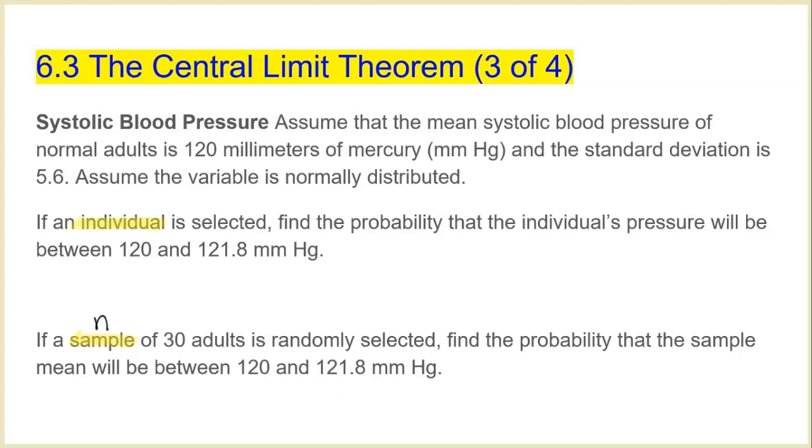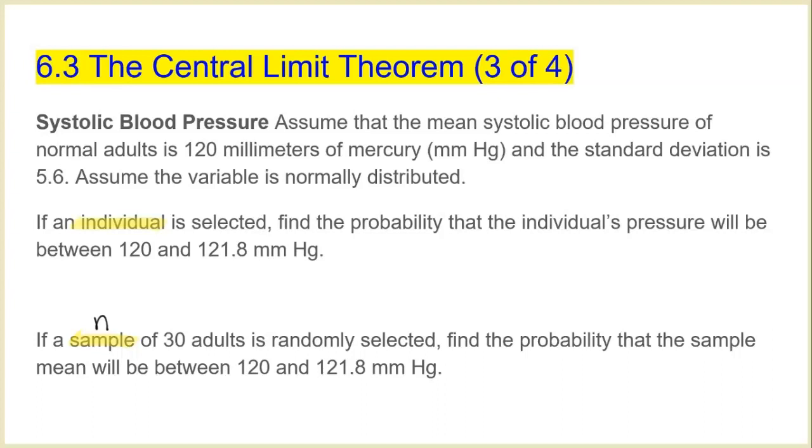So what this means is, if we think about our population, and we were able to create a distribution of all possible samples of size 30 from the population, and we select one of those samples of 30 at random, what's the likelihood that the average blood pressure of those 30 adults would be from 120 to 128.8?